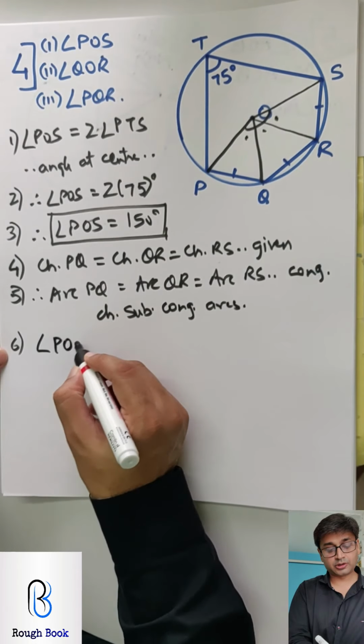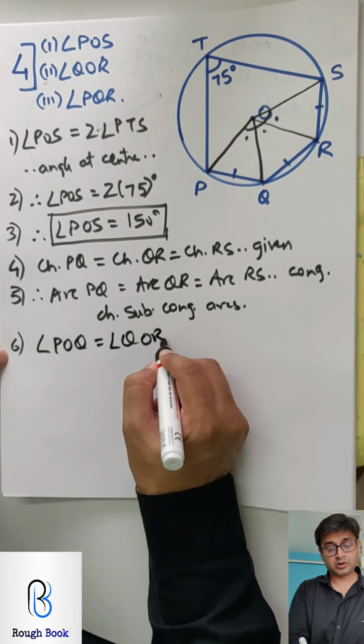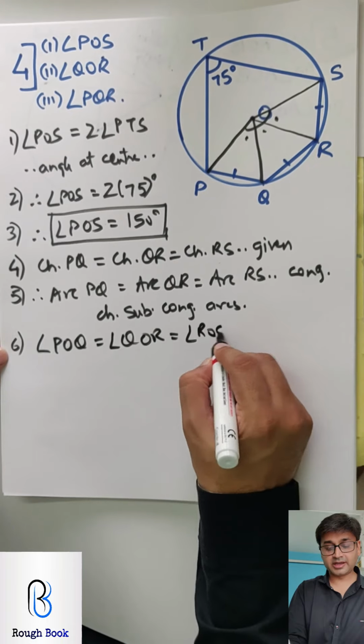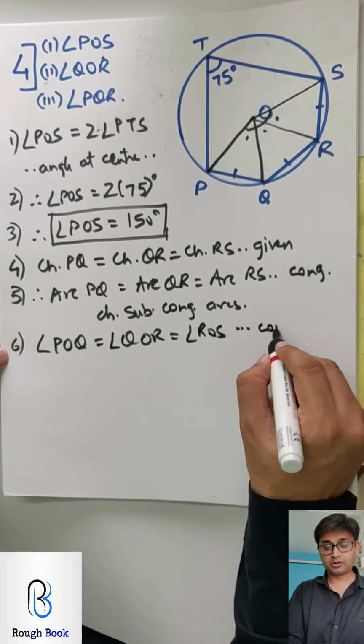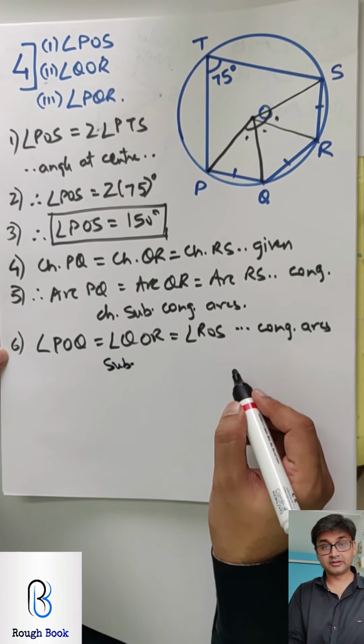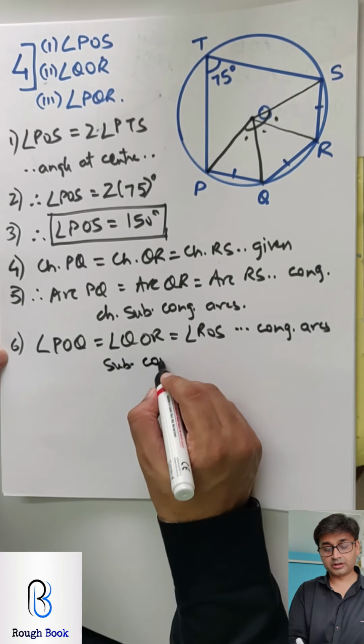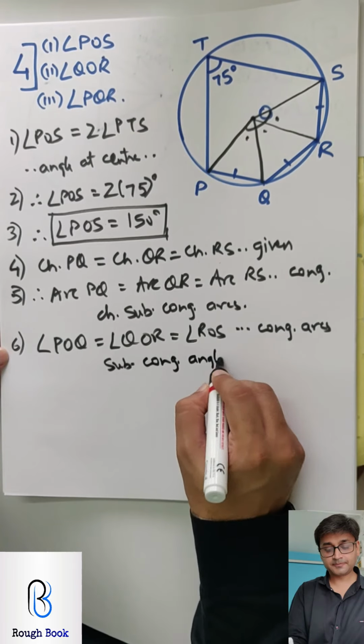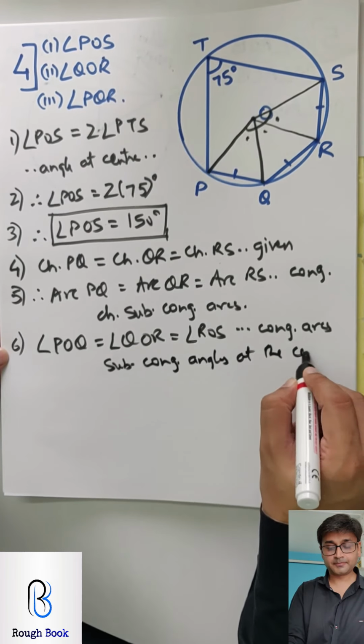Therefore angle POQ equals QOR equals ROS. Reason: congruent arcs subtend, come on, complete this. Perfect. Subtend congruent angles at the center.